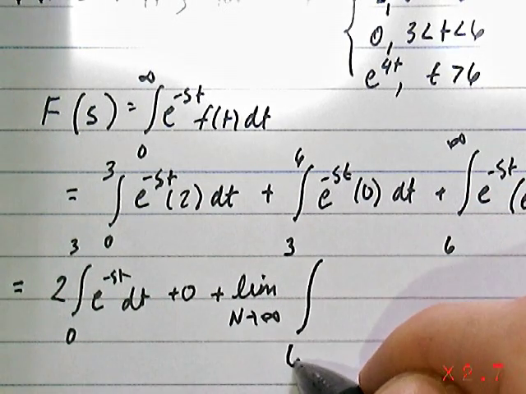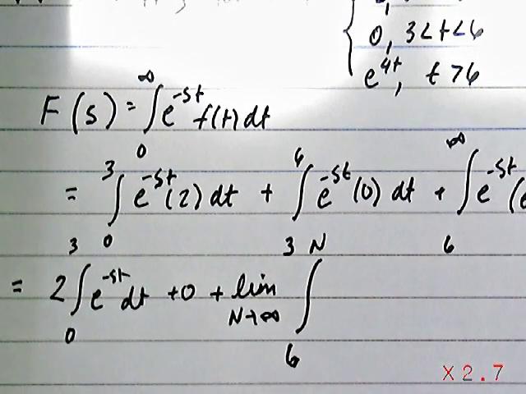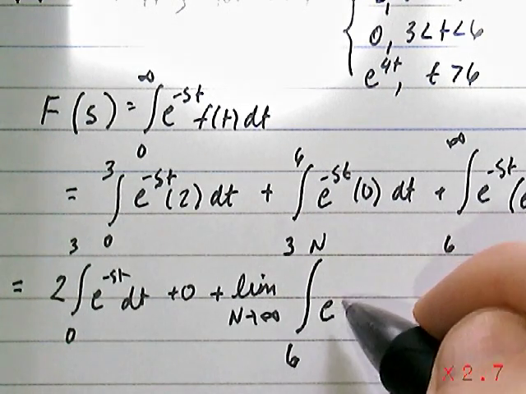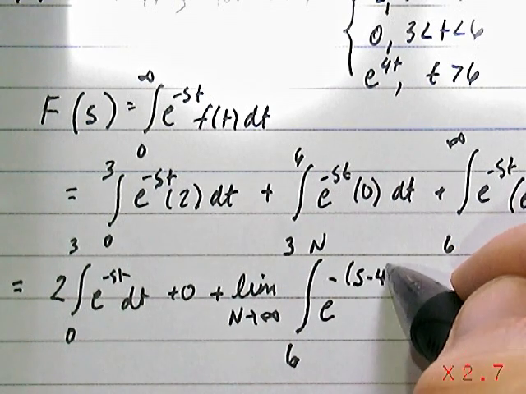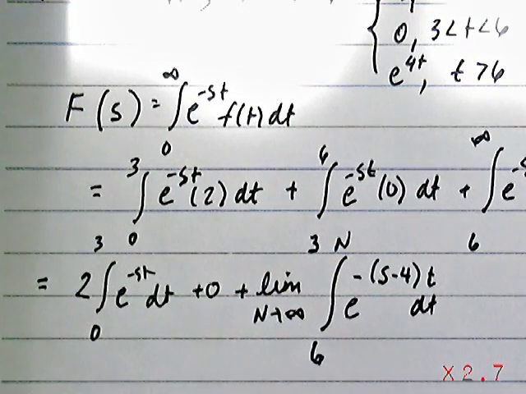So we're integrating from 6 to n, introducing this variable n, but we're letting n go to infinity. Just using the property of exponents, we'll have e to the minus quantity s minus 4 times t dt.